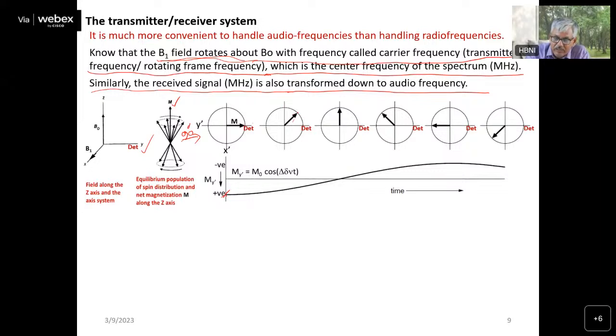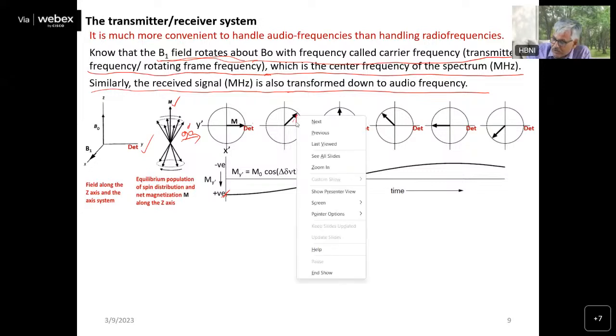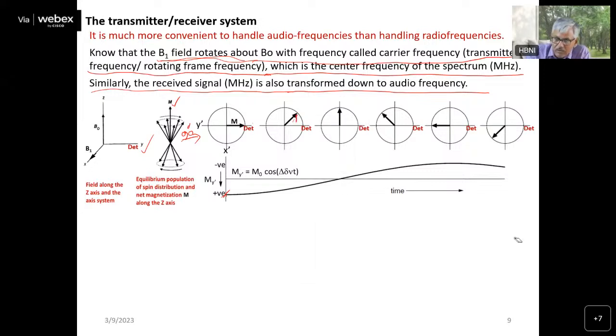Now as it is moving away, when it is there, you get the full signal, but when it is here, your projection along the y-axis will give you the magnitude of your magnetization.